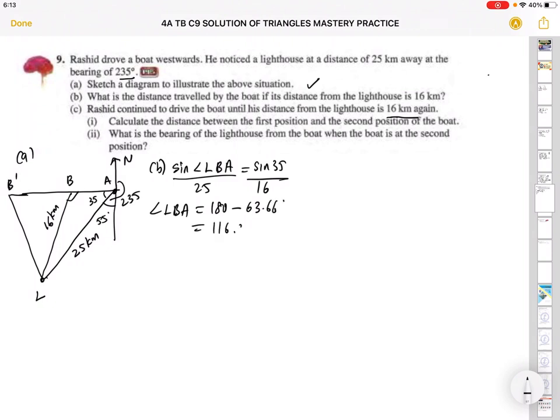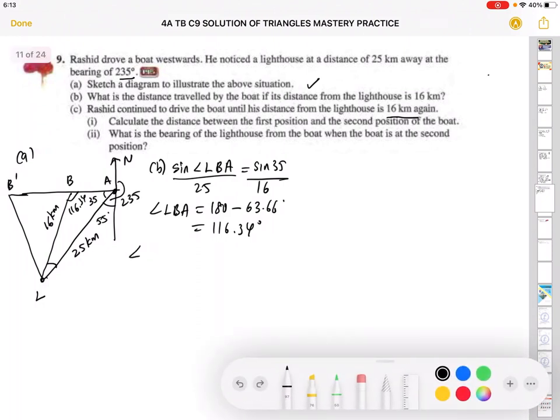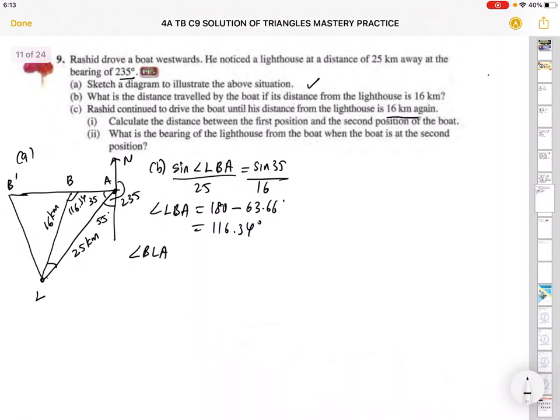With this I can find the angle here, angle BLA, which is 180 minus 116.34 minus 35. I've got 28.66.